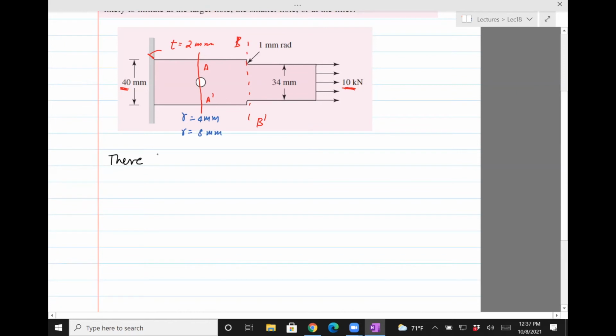So there are 3 scenarios. One, at AA prime, R equals 4 mm. Two, at AA prime, R equals 8 mm. Or the third one is BB prime.